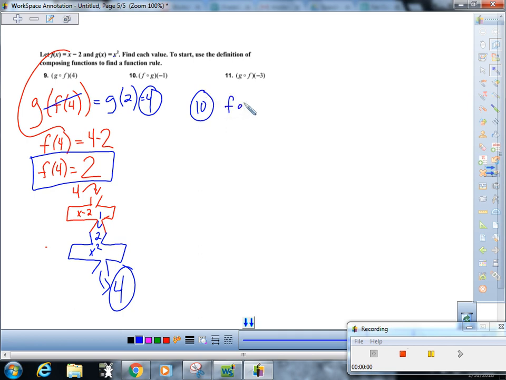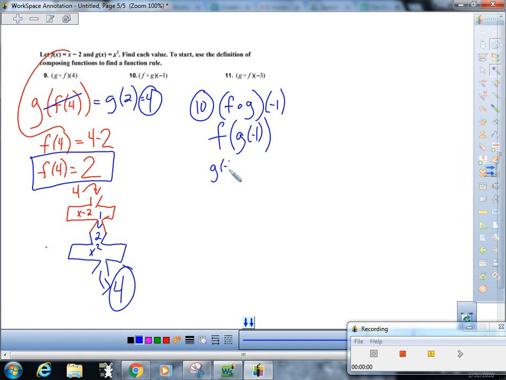Number 10. F of g of negative 1 is the same thing as that. So we just work inside out. So what is g of negative 1? How do we find that? We take out x. We put in negative 1 here. What is negative 1 squared? Good.